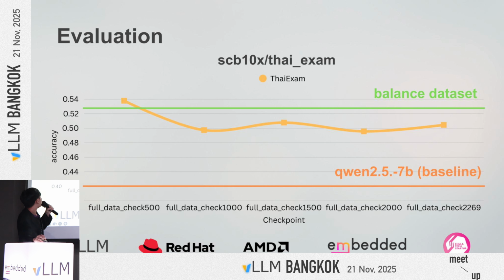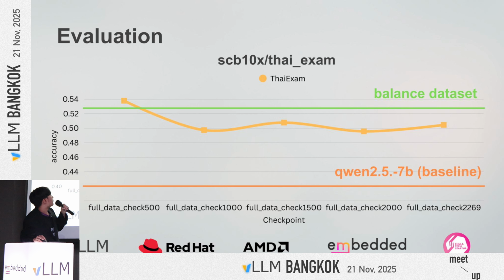As you can see on the x-axis, it is the full data checkpoint from 500 to checkpoint 2269. The yellow one is the score of the full data checkpoints from 500 to 2000.